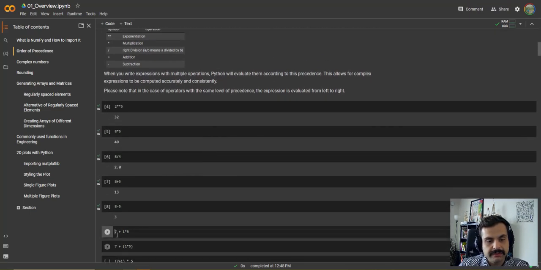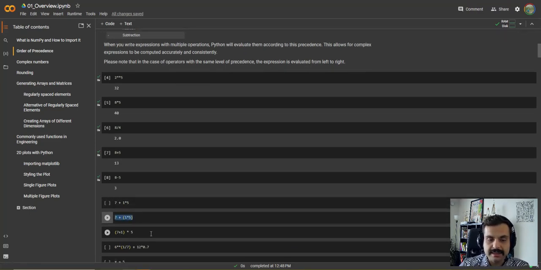So here, if we had 7 plus 1 times 5, the way the computer sees it, it goes from left to right, understanding the operations. Multiplication has a higher order than summation. So first multiplication is going to happen and then summation. So this is how the system sees it.